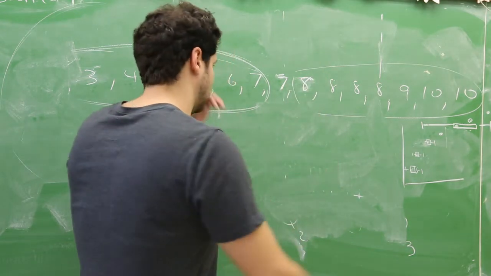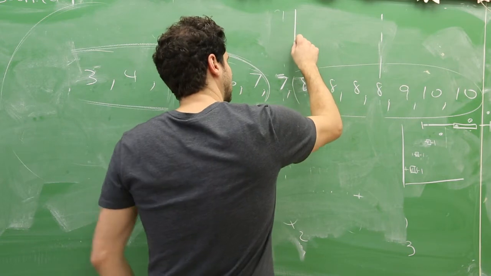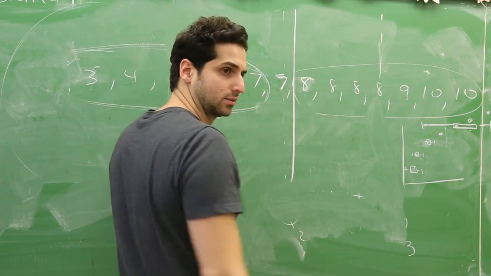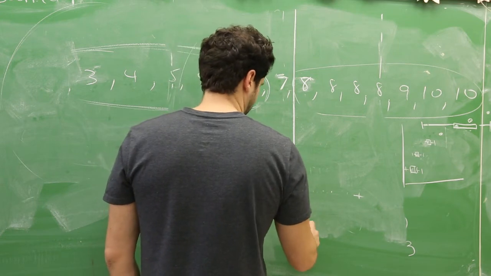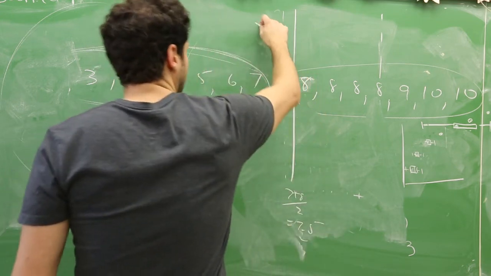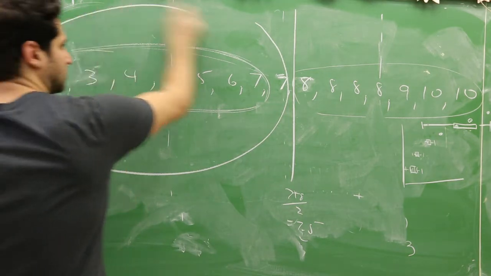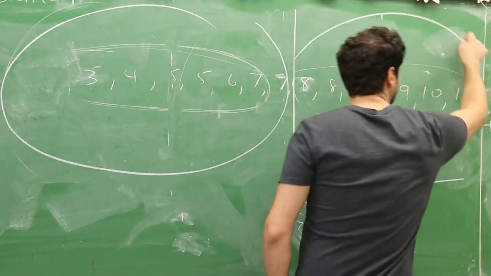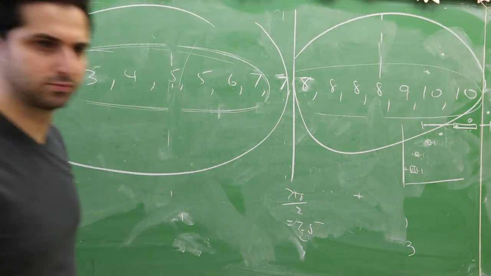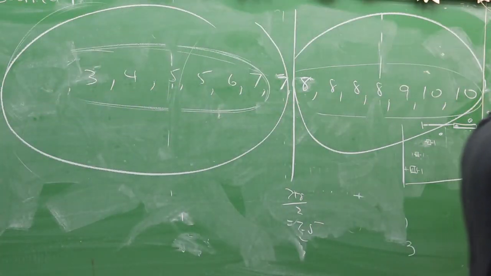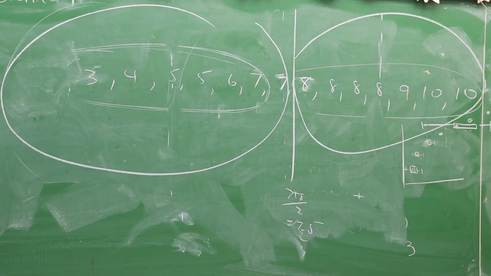Okay? So to get the median, in this case, is going to go right there, correct? That's going to be 7 plus 8 over 2, we take the average and we find the number. Now you can just go like this. You got it? Okay. Break in half, break in half.